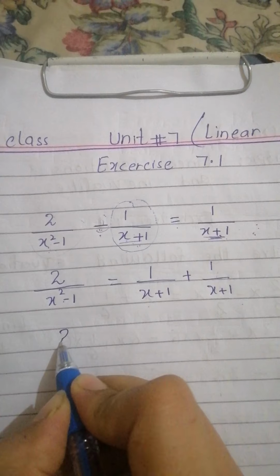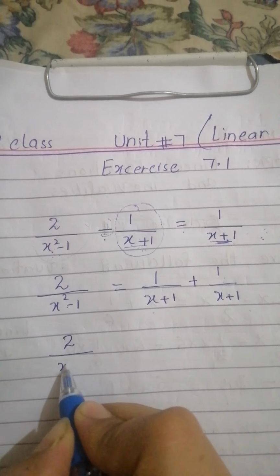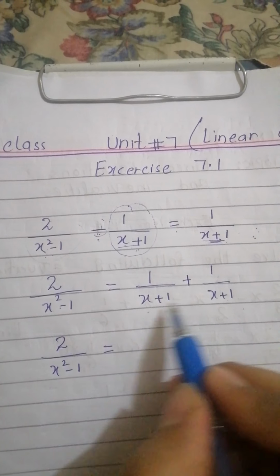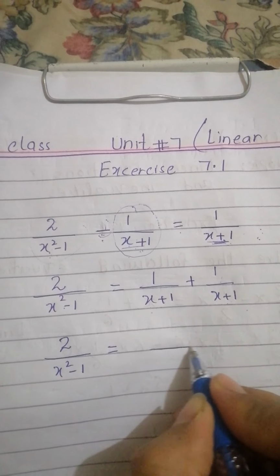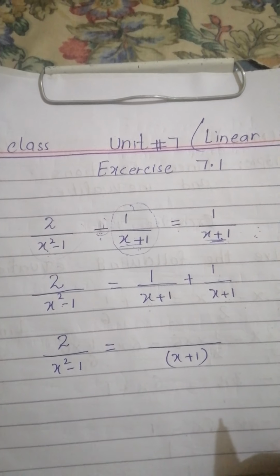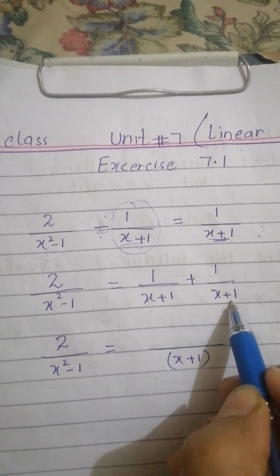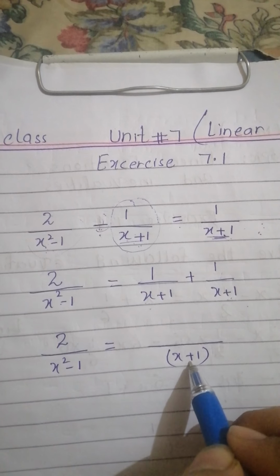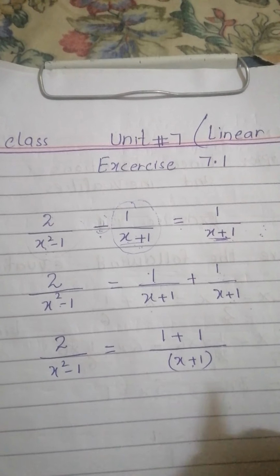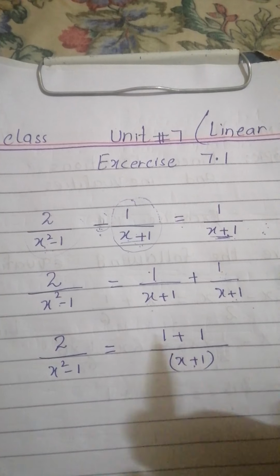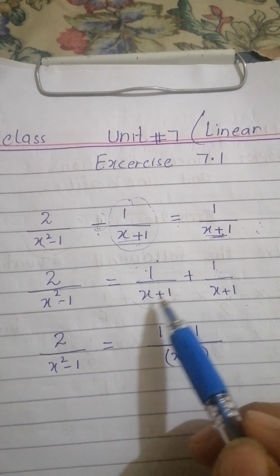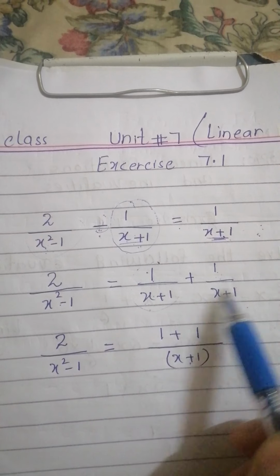Okay. Now you can see 2 over x square minus 1 is equal to, both numbers have same denominator, so LCM is very easy. x plus 1 and x plus 1, LCM is x plus 1. And whenever the denominator is the same, x plus 1, the numerators are added, you will write 1 plus 1. It's just like addition of like fractions. In junior sections you have studied about addition of like fractions.